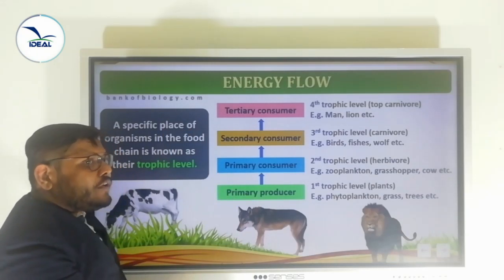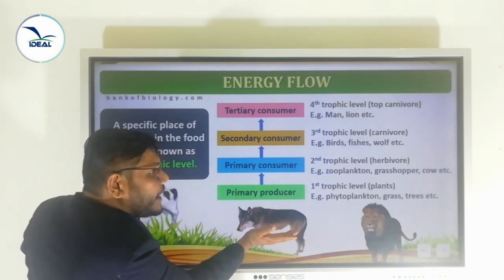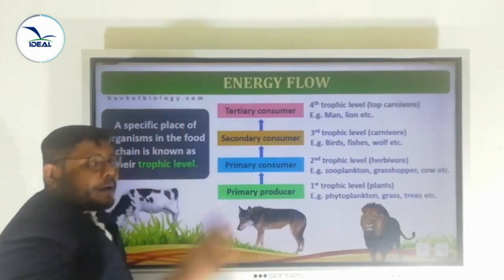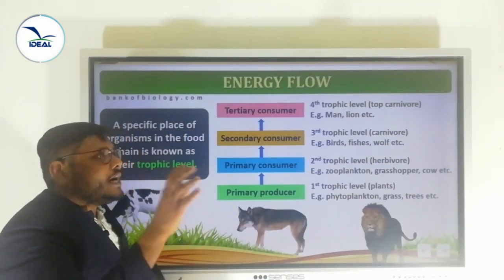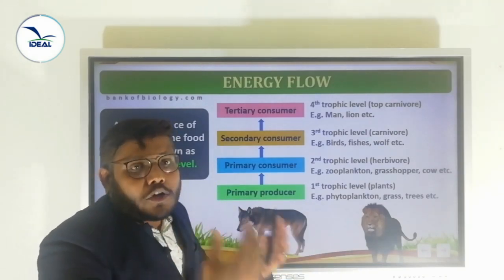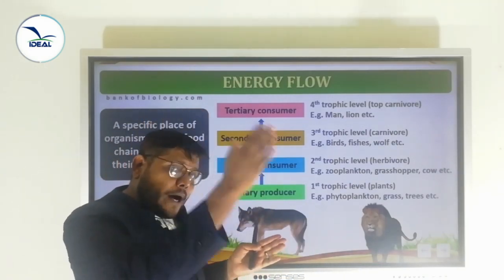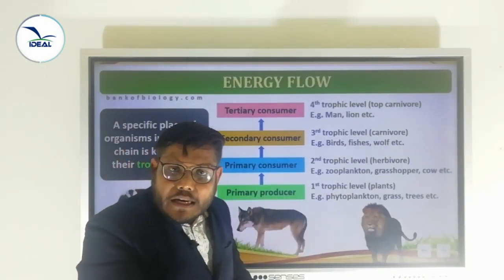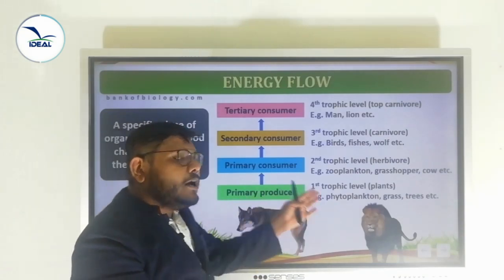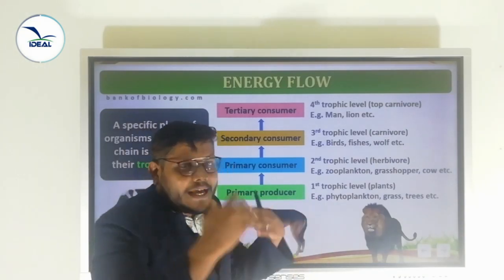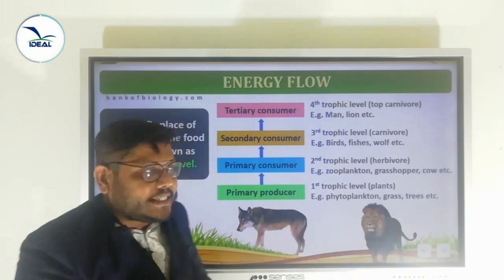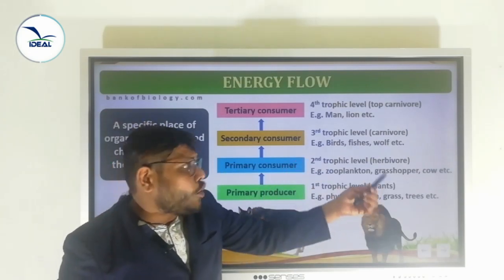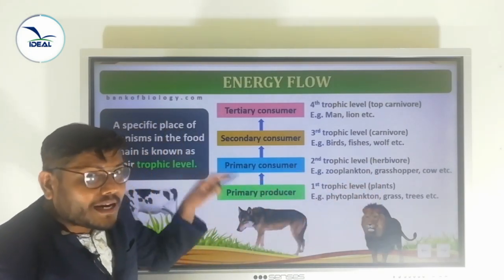In every food chain, the bottom part is occupied by the primary producer, that is the first trophic level, and the top part is occupied by the tertiary consumer, that is the fourth or fifth or sixth trophic level. If the bottom part is occupied by primary producers like phytoplankton or grass or trees, then the second trophic level is occupied by herbivores such as zooplankton, grasshopper, cow, etc. These are the primary consumers.